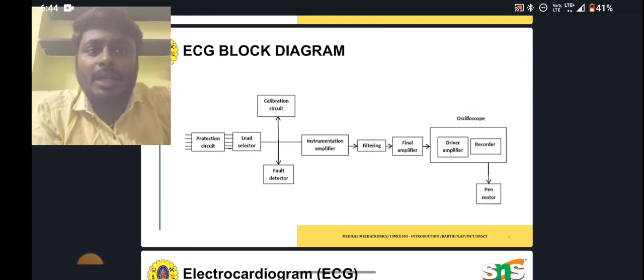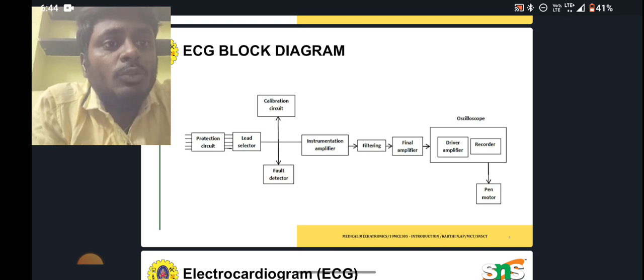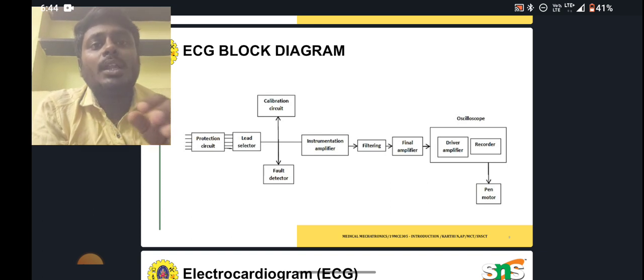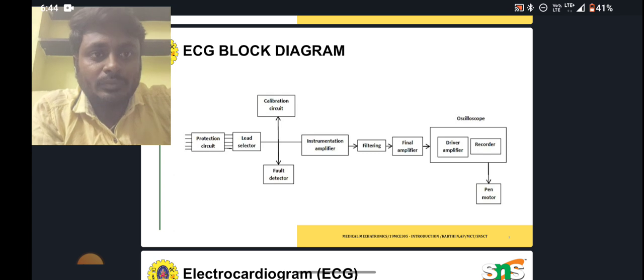In the simple block diagram of the ECG we can see here the protection circuit and the lead selector, which in turn is connected to the instrumentation amplifier, through which we can filter, and to the final amplifier. The final amplifier is connected to the oscilloscope and to the pen motor. Through the pen motor we can get the PQRST wave as an output, which gives the output of the heart activity of a human being.